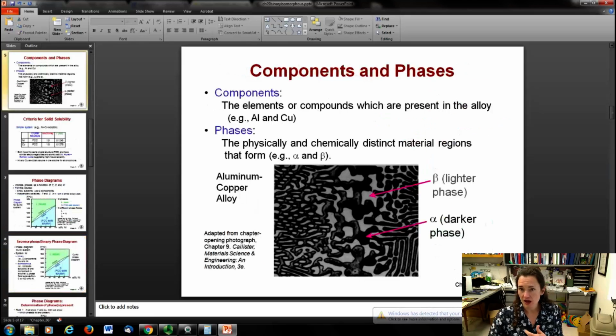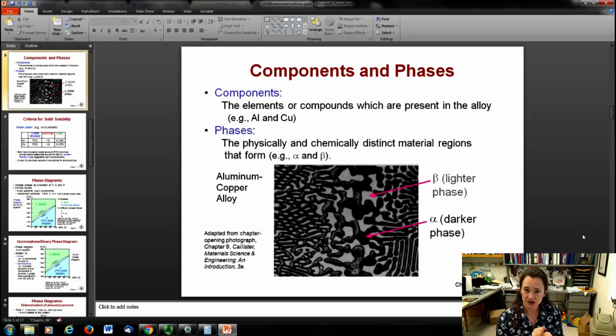Now, I wish I could say that all of the phase diagrams in material science were as happy smiley as that. But what happens in material science is that you get more than one kind of solid phase, and they can actually have different structures. So for example, this is an image of aluminum and copper formed in an alloy.